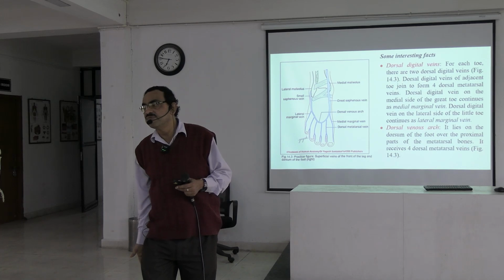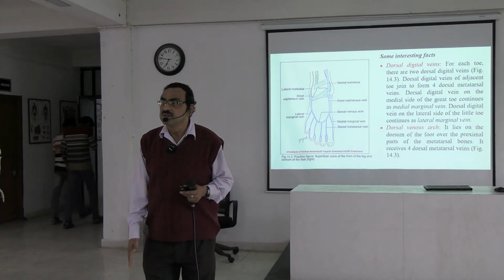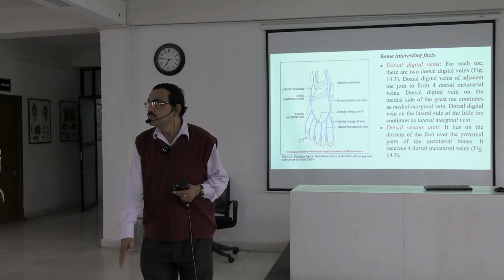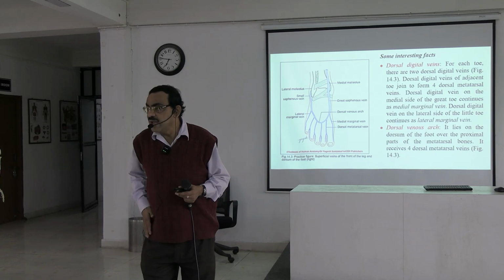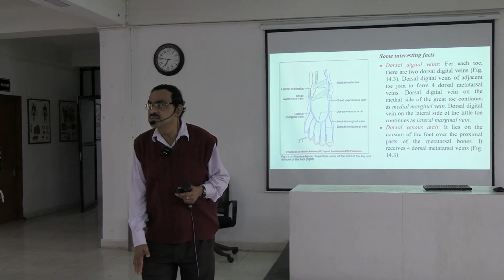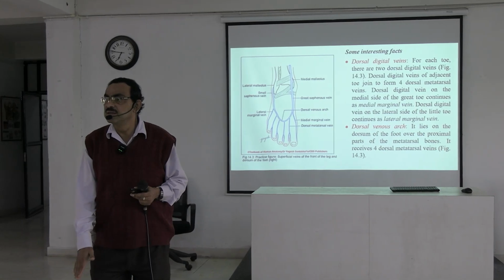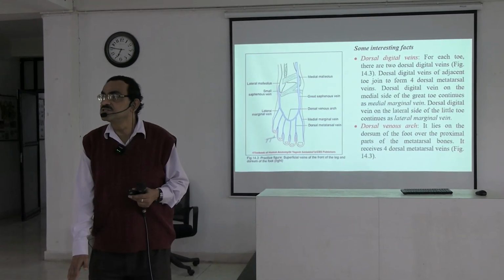Whether the flexor group or the extensor group of muscles, they continue towards the foot. The extensor group of muscles continue and are visible at the dorsum of the foot.